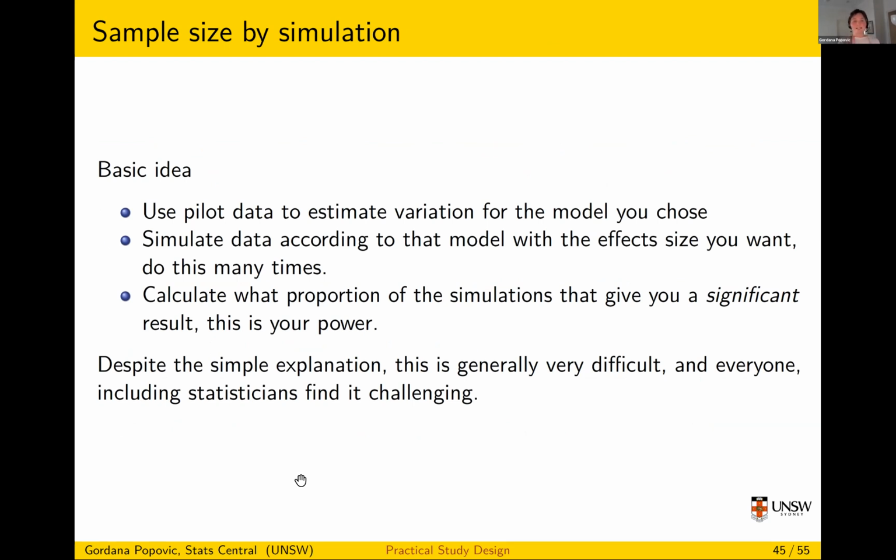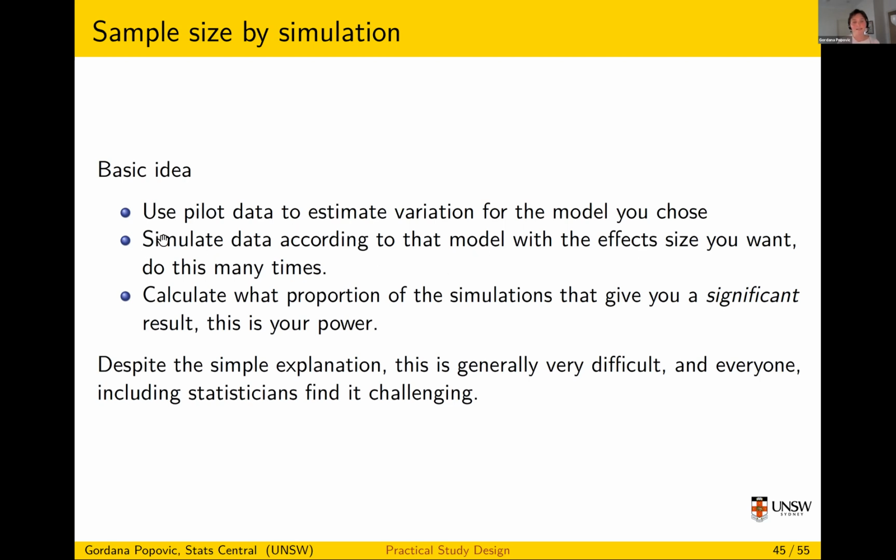So the basic idea is you need a pilot data set so you can estimate variation. And then what you do is you fit a model to your pilot data, and then you simulate data according to that model, but with an effect size that you specify. And you do this many times.